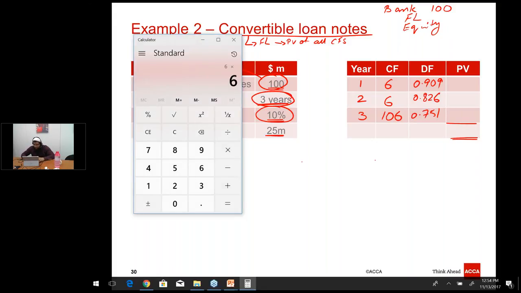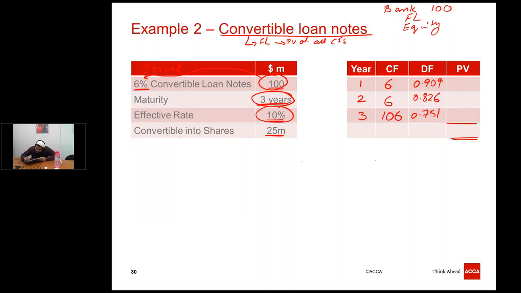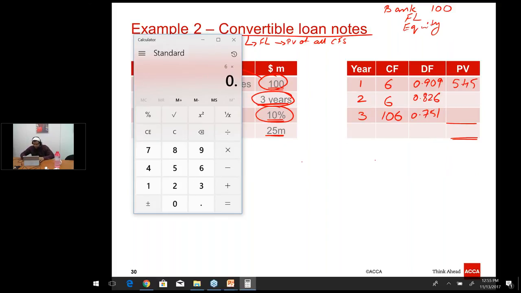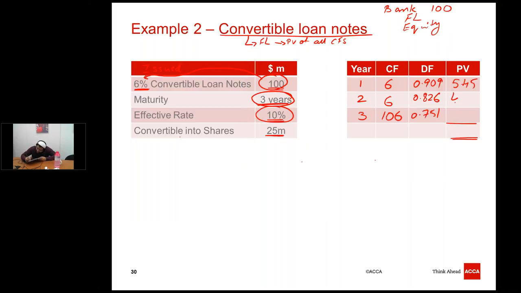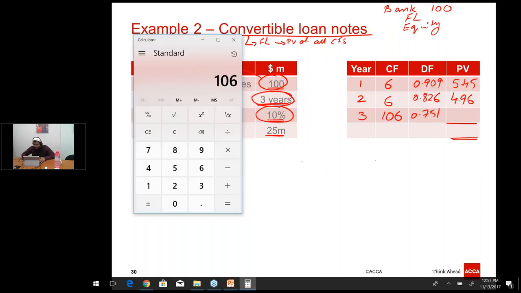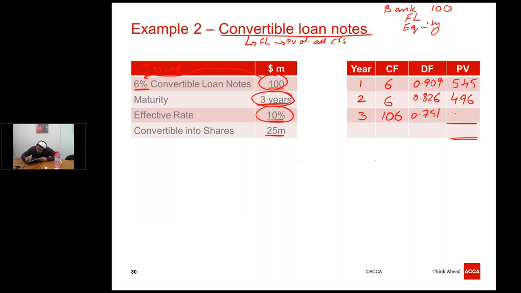So 6 into 0.909 is 5.45. I'm calculating at 2 decimal places, 5.45. And then 6 into 0.826 is going to be 4.956, so 4.96. And 106 into 0.751 is going to be 79.61.